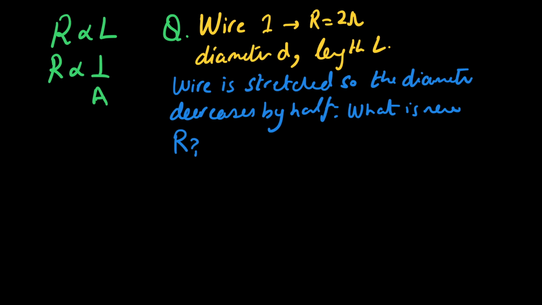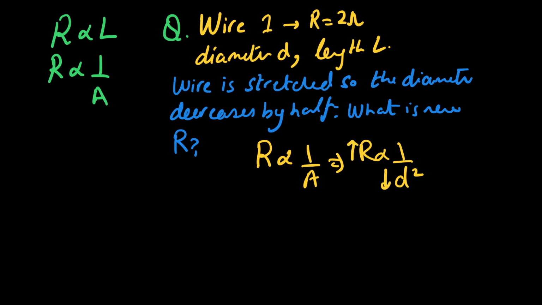Now, most of the kids end up thinking that, this is diameter, so we had done this before, that resistance is inversely proportional to area. That means resistance is inversely proportional to diameter squared. Now, you are saying that the diameter has gone down by a factor of 2, so the resistance should increase by a factor of 4.